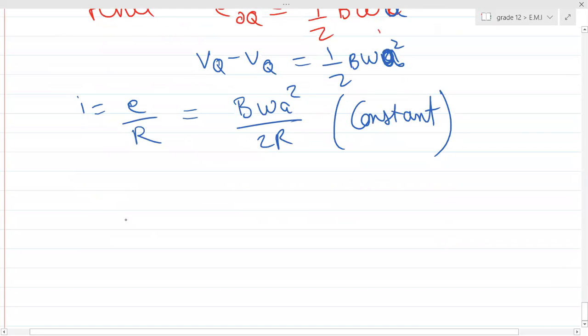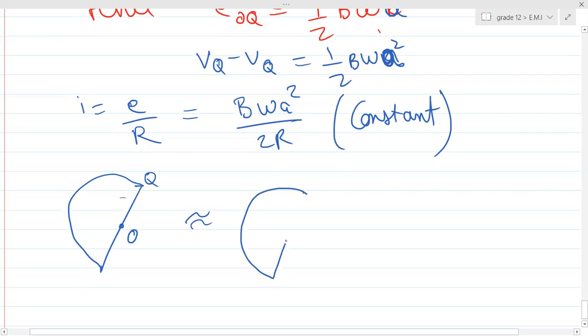So this whole thing is a constant, and the graph will be a straight line. And since Q is bigger than O, it's something like this.